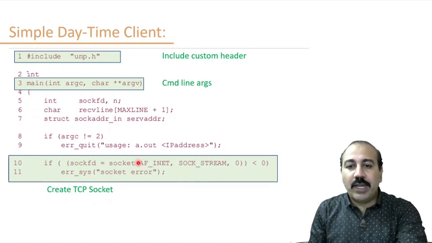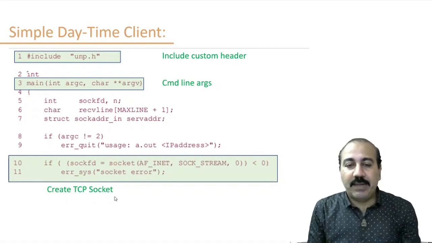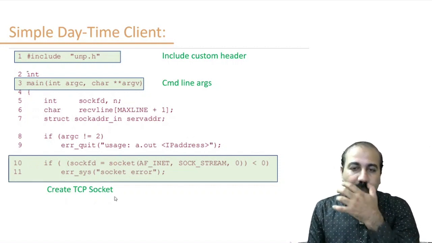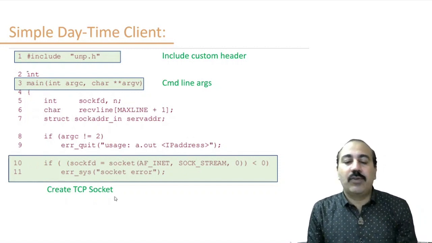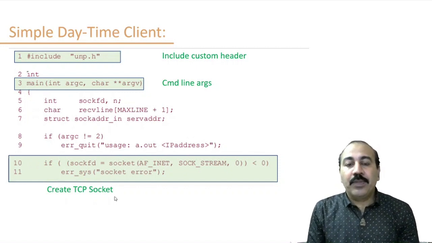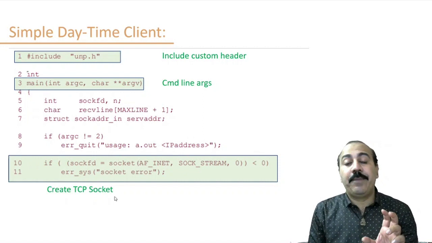So here I am calling a socket function. What this socket function is, and what a socket is, we will discuss in detail later. But right now what we have to understand is that we have to use a function called socket if we want to write a program in networks. So what is this socket? The socket function creates an internet stream socket.